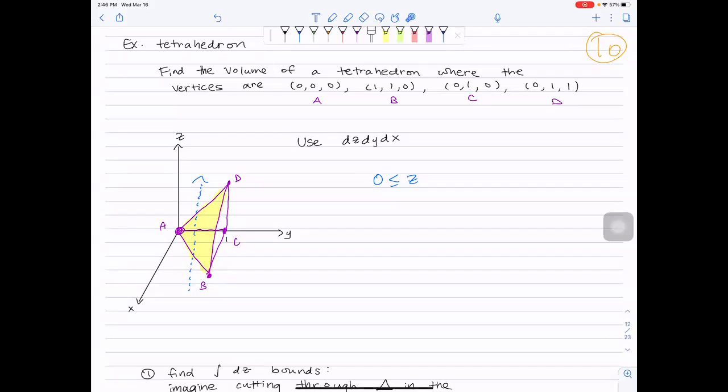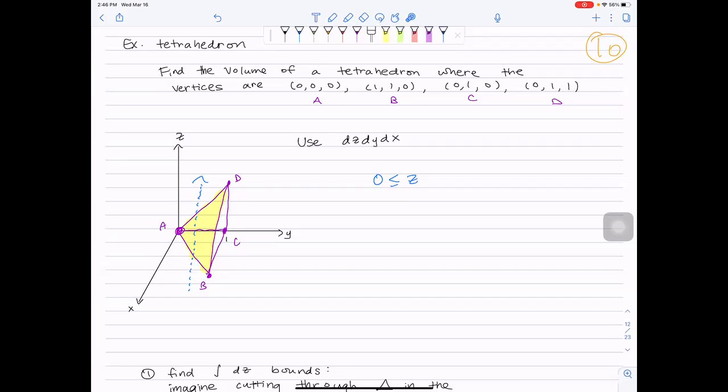How do you find an equation of a plane? You need a normal vector, and then you use your formula. So how do you find a normal vector? Let's take two vectors on our plane. Let's choose BA, which is going to be 1, 1, 0.